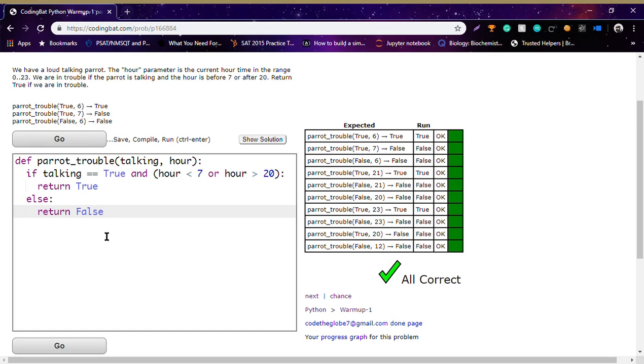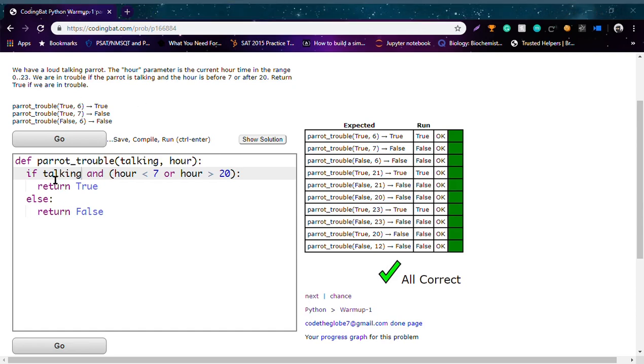So now we have one thing to talk about. We can make this code even shorter. How do we do that? In my previous video I said that talking we can just write equals true, because talking is a boolean, and if you write if talking, that is it, Python takes that as if talking is true.